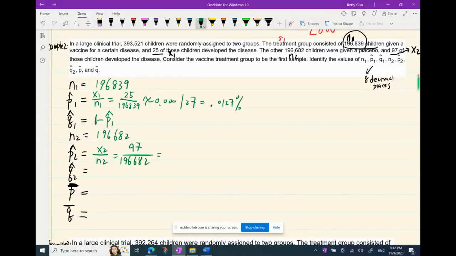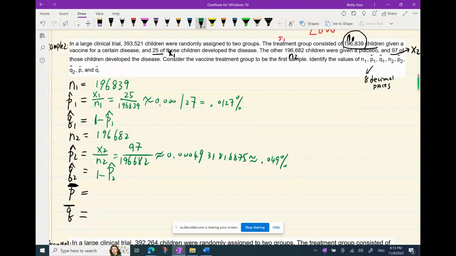Also a very tiny number, 0.000493. So I'm going to round it to 0.049%, round it down. And then Q2 hat equals 1 minus P2 hat.